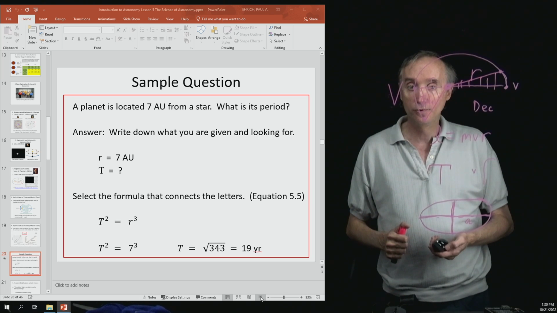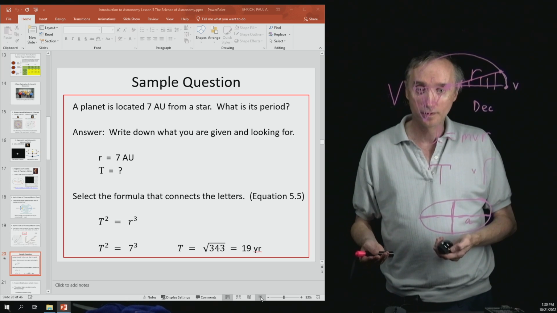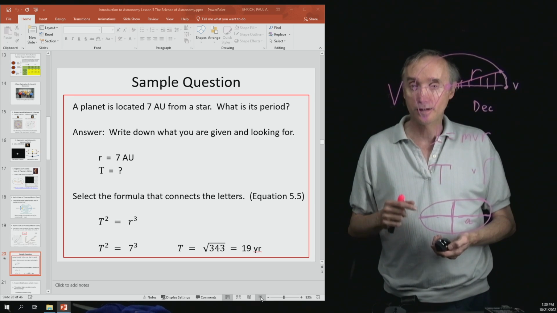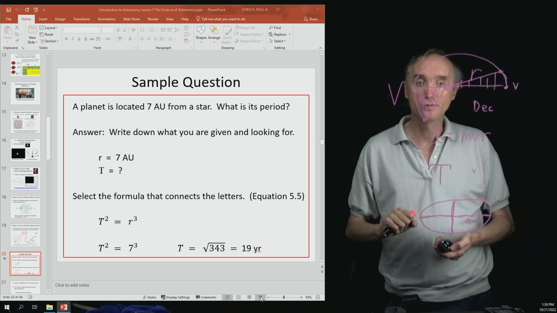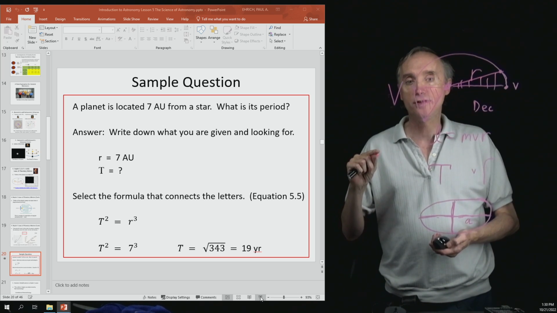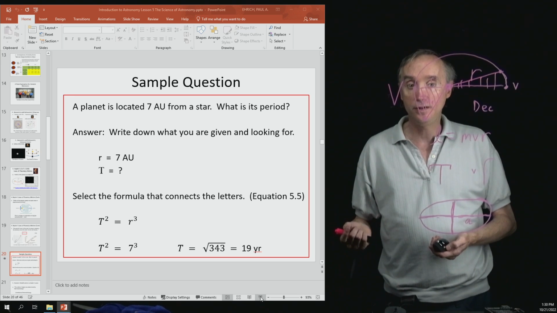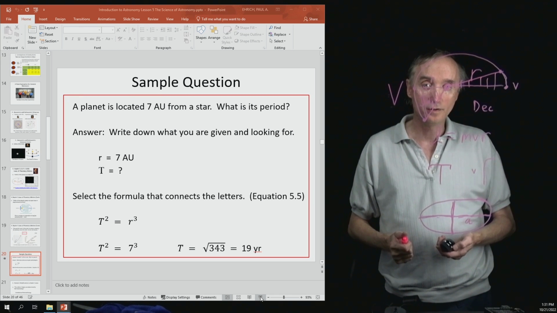So take the square root, and it turns out to be 19. Okay, but the official units that Kepler came up with were Earth years. So it would take 19 Earth years for this particular planet to orbit its star. So if you know the distance r, you can calculate the period. If you know the period, you can calculate the r thing using this.